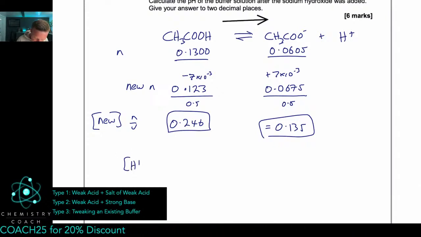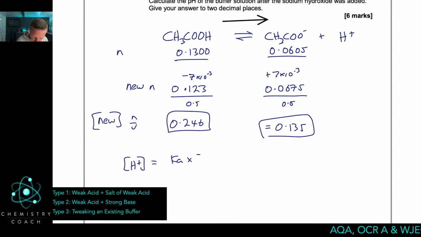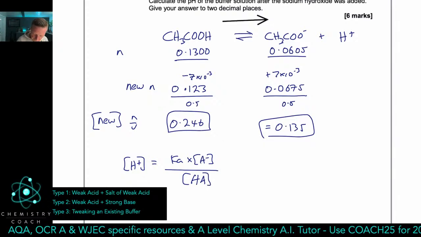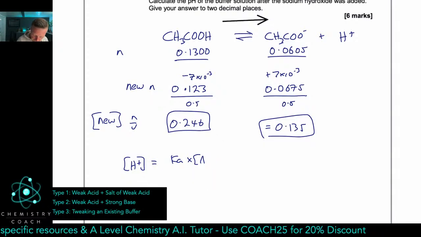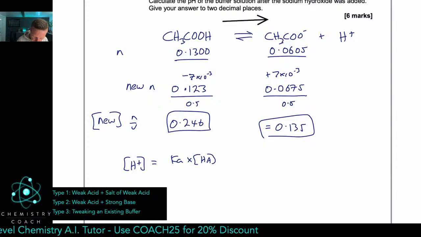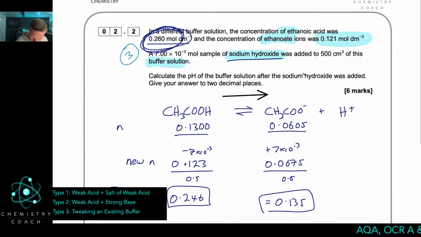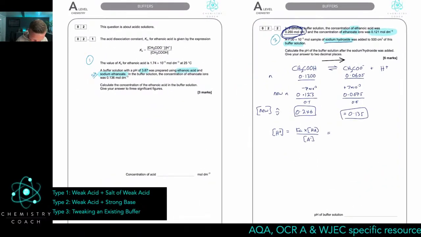So once again, H plus equals Ka times A minus all over HA. No, it's the other way around. HA over A minus. My apologies. That's right, isn't it? Yeah. So they gave us the Ka somewhere else, didn't they?